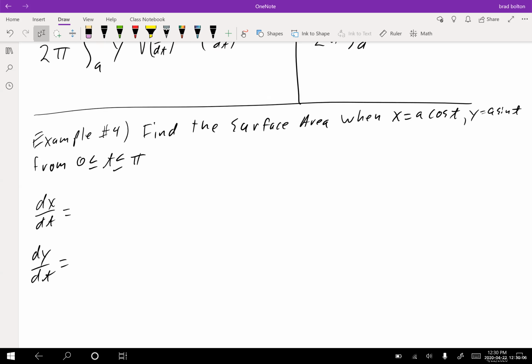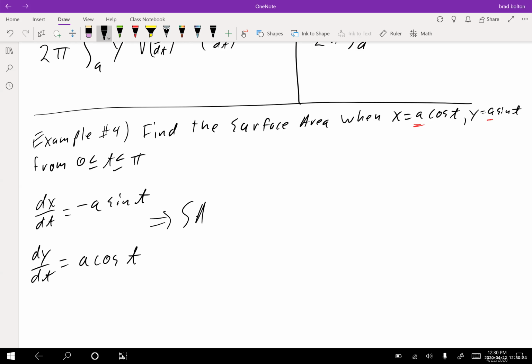Okay, so we have dx dt is equal, now you're considering these a's as constants. So we're going to use the constant multiple rule on these, not the product rule. And so this will be negative a sine t, and this will be a cosine t. Then we're going to plug this into our integral formula.